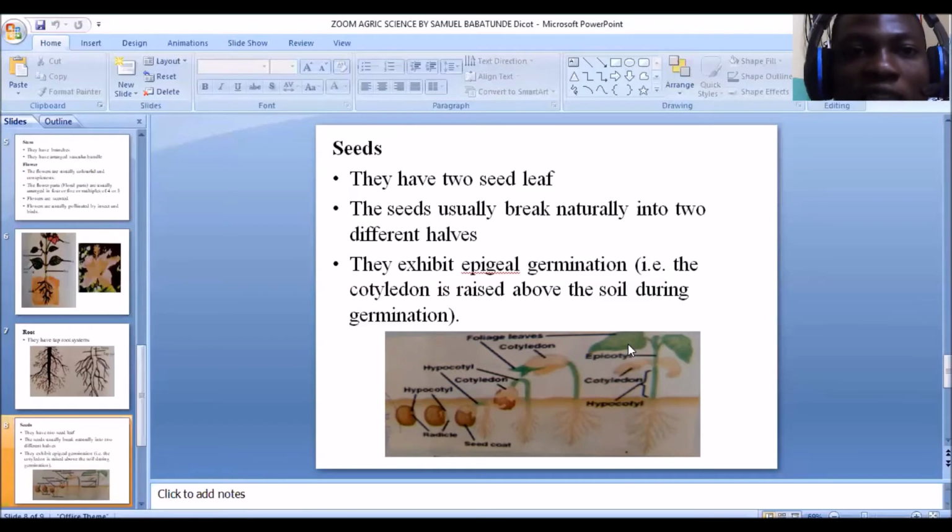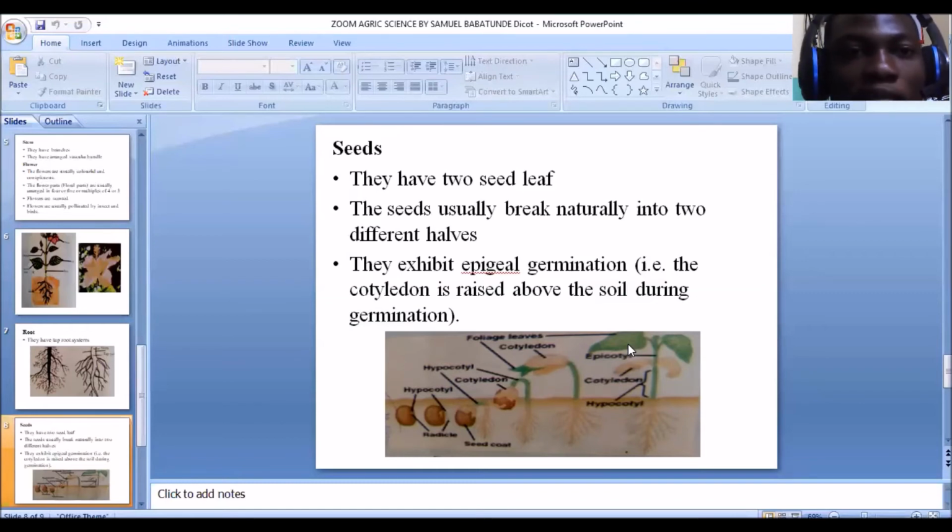But whenever you observe that this cotyledon remains buried in the ground even after germination of this seed, then you know that this is a what? This is a monocot plant. And that type of germination is what we refer to as the hypogeal germination. The word hypo simply means below, and epi simply means above.